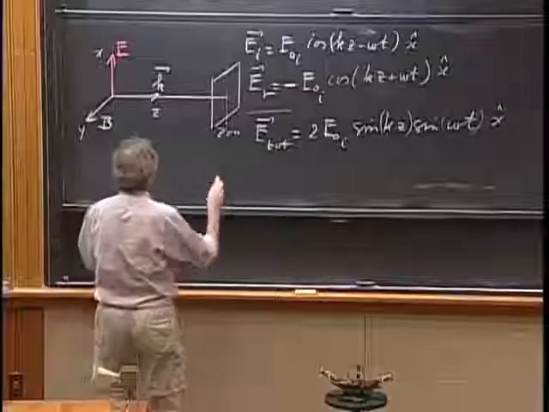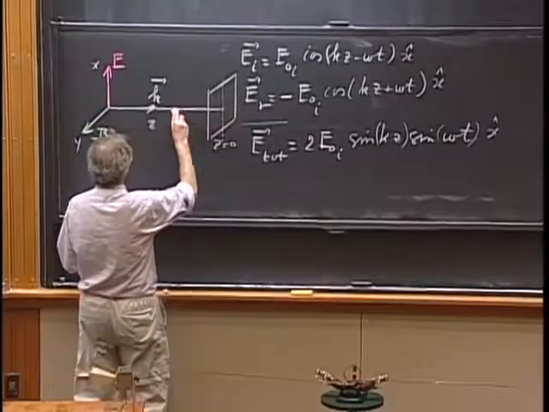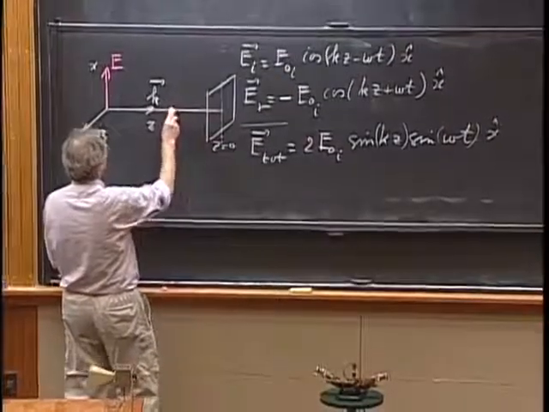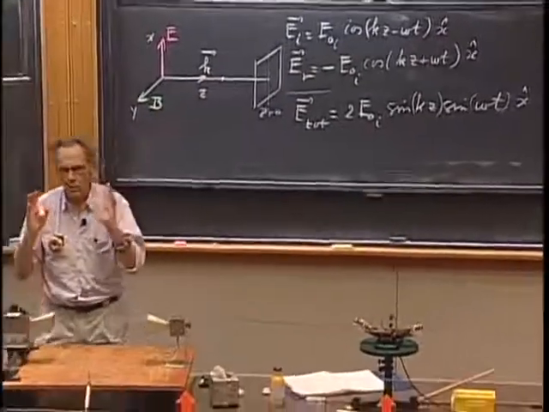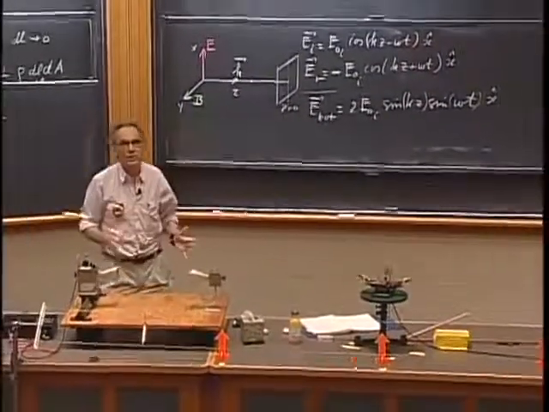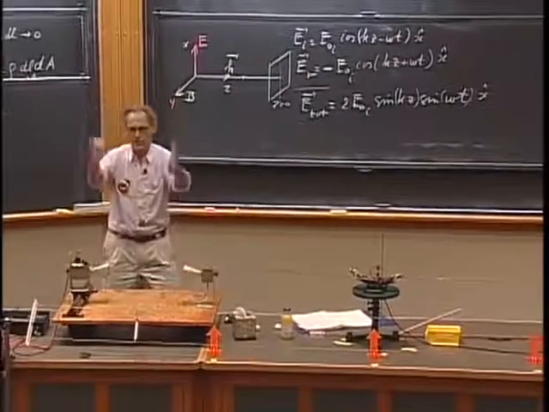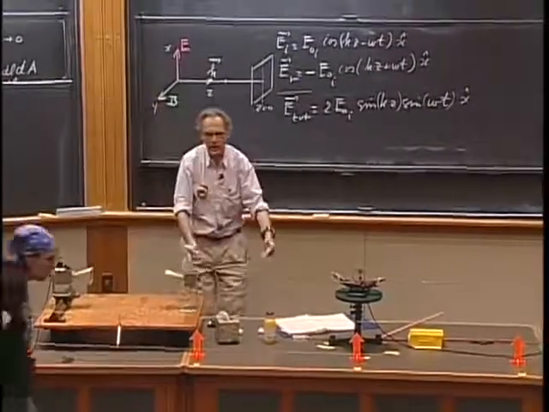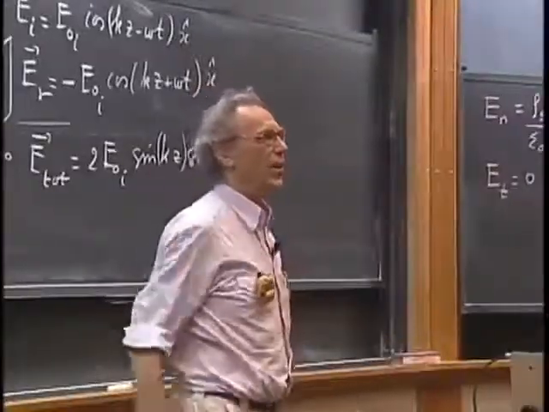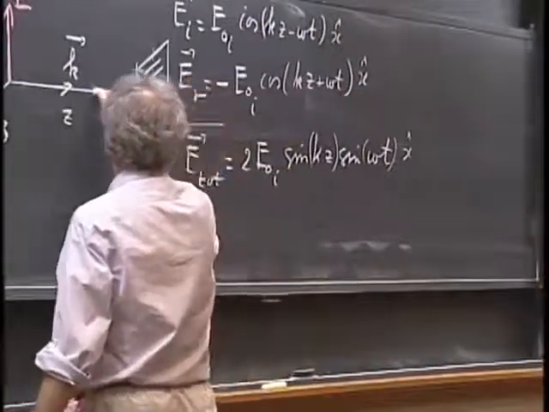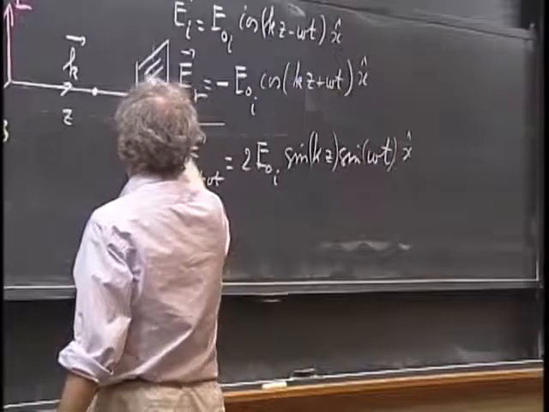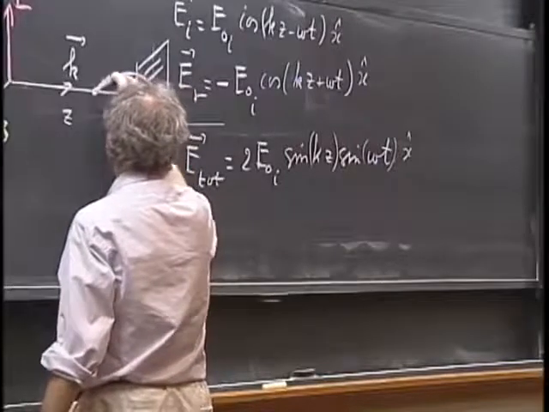And what that means is that there are surfaces perpendicular to the direction of z, where the E vector is always 0, an entire surface. We have now a nodal surface like this. And they are separated by a distance of 1/2 lambda. So this is a nodal surface, but this is also a nodal surface. So I'm trying to draw the curve of the E vector.